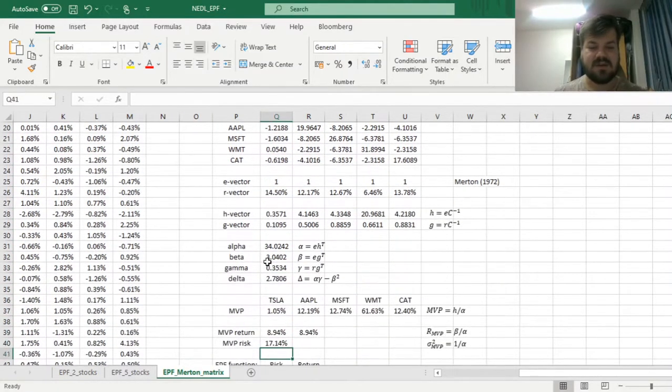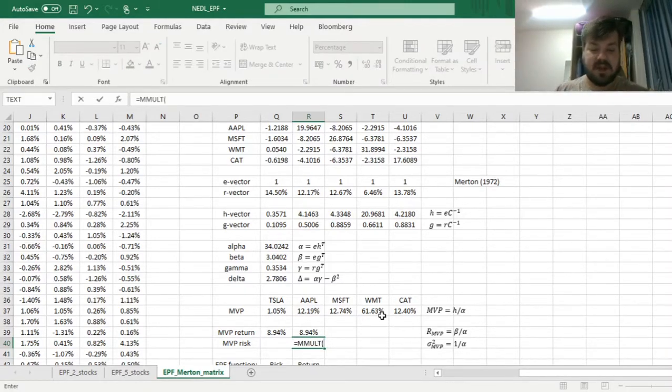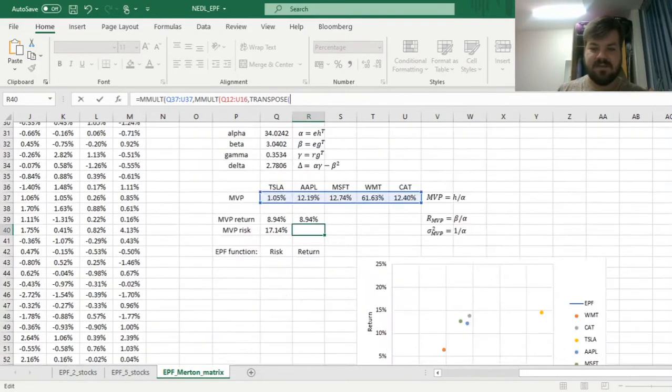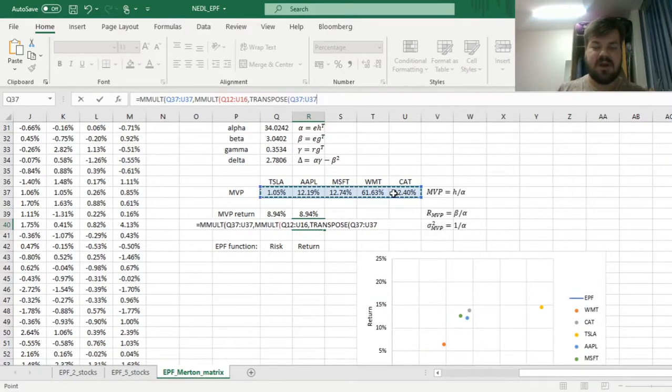But if you are not entirely persuaded by this analysis being correct, you can actually just calculate the variance straight away, directly, using weights and the covariance matrix. To do that, you can just apply the matrix multiplication function, have a row vector of weights first, and then multiply it by the result of the matrix multiplication of the covariance matrix, and not the inverse covariance matrix, but the initial covariance matrix over here, that is multiplied on the right by the transposed, so column vector, of the weights we have got here.